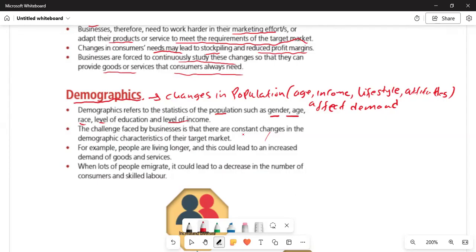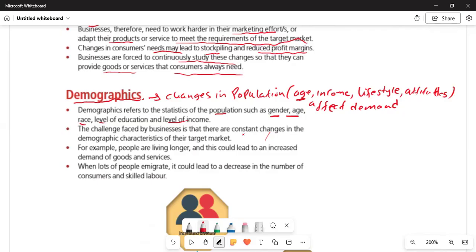Like we've said, we're talking about age. Now they are getting sick, now they are old, so they increase demand for healthcare products.